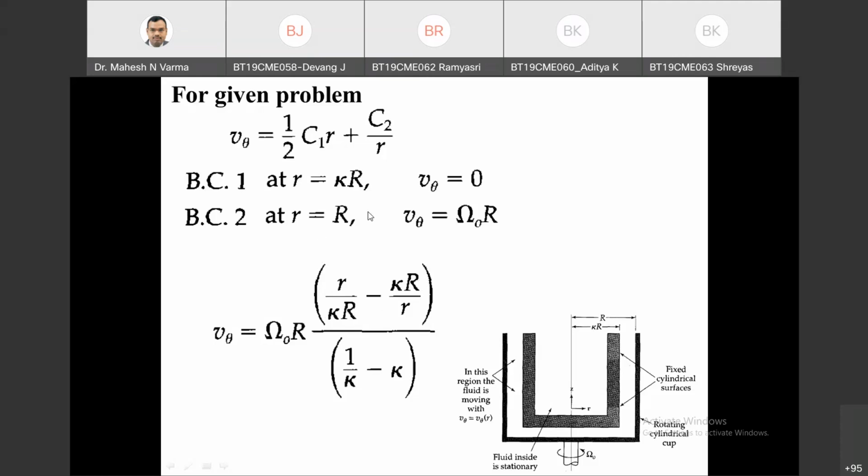At r equals capital R, here I will get 1 by kappa. 1 by kappa minus kappa divided by 1 by kappa minus kappa will be equal to 1. So v theta equals omega naught into R. So both the boundary conditions I can get very easily. How many of you are getting the values of C1 and C2 and this velocity profile? You can write in the chat box.